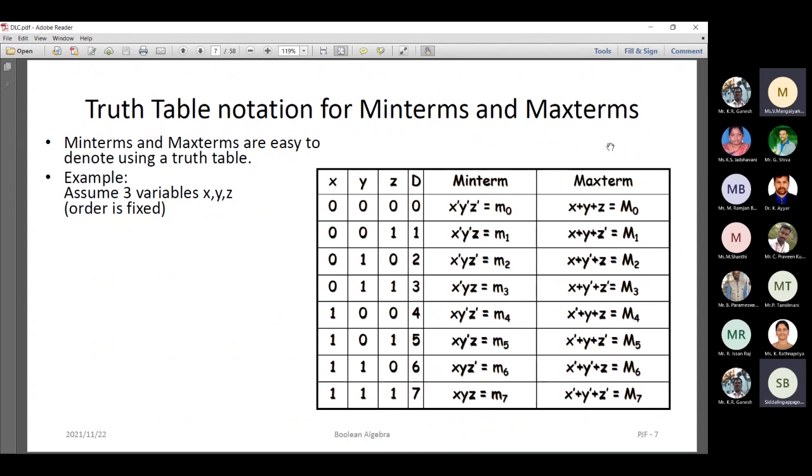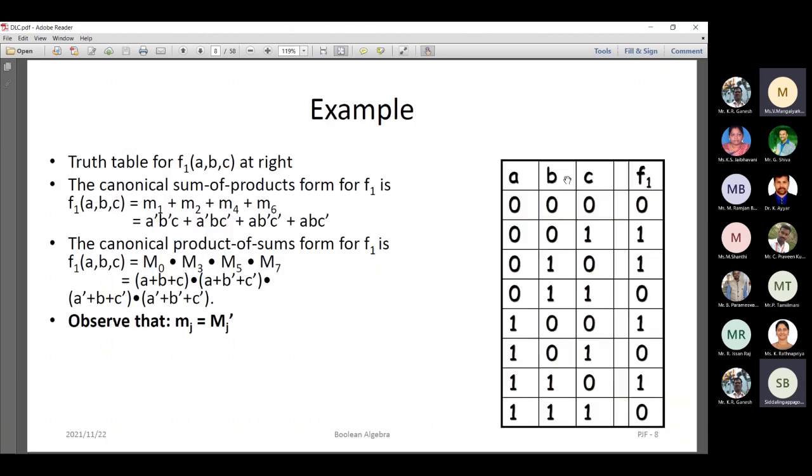Of the maximum number, among 0 and 1 the maximum value is 1. So whenever you have a 1 in a max term, you write it in complement form. Here you have a 1, that's why I have written z bar, complement. Others are in non-complement form. So it is exactly the inverse of the min term, but the representations are different. We write in terms of product here, and here we write it in terms of sum.